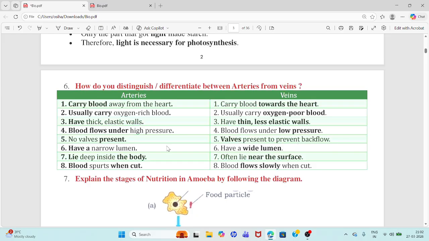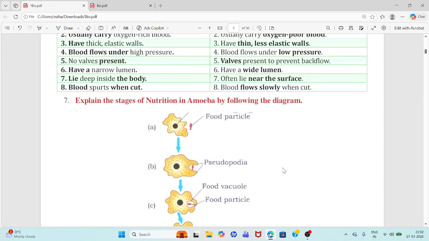No valves present in arteries; here in veins, valves are present to prevent backflow. Narrow lumen, wide lumen. Arteries lie deep inside the body, veins often lie near the surface. Blood spurts when cut; this blood flows slowly when cut.